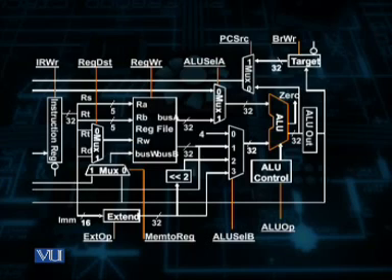Whereas in case of J-type instructions, the data path performs the operations after evaluating the conditions.